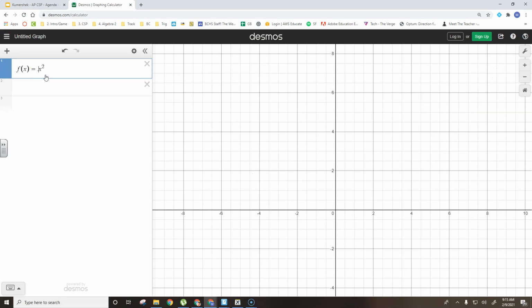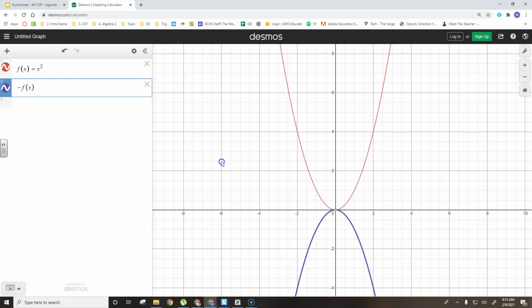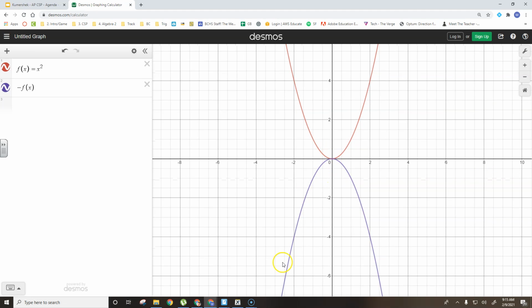If I were to just show you quickly on Desmos what this looks like, if we took f of x and it's x squared, and I took negative f of x, you can see it's a reflection over the x-axis right here. This would be the same thing as just taking an a value and making it negative 1. Negative 1 times x squared is going to be a reflection over the x-axis.